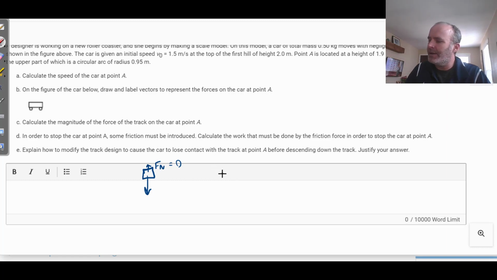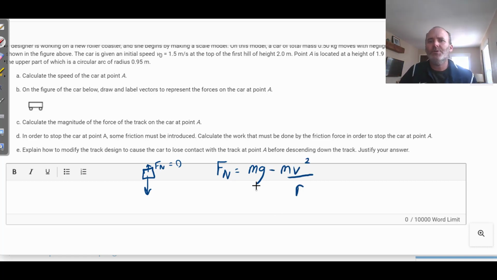So I'm going to write the equation that we had before when we solved for normal force. If I want normal force to be 0, this term right here has to be as big as possible, so that mg minus this equals 0.